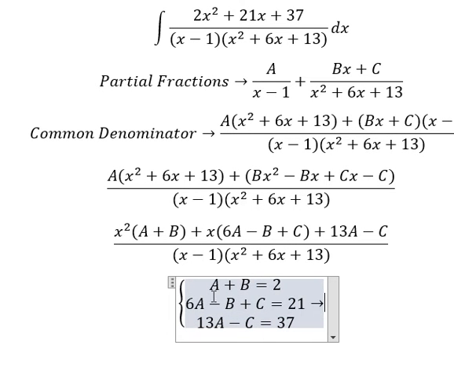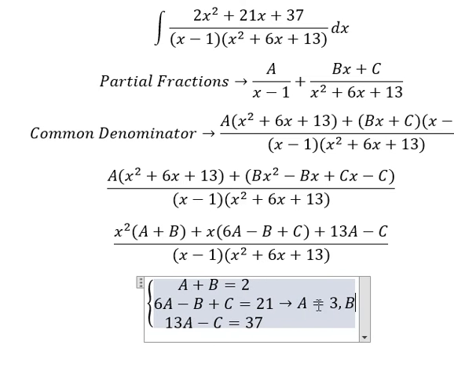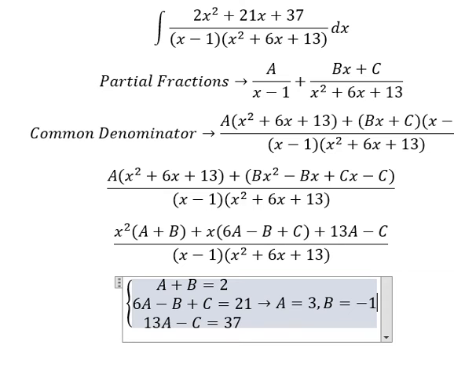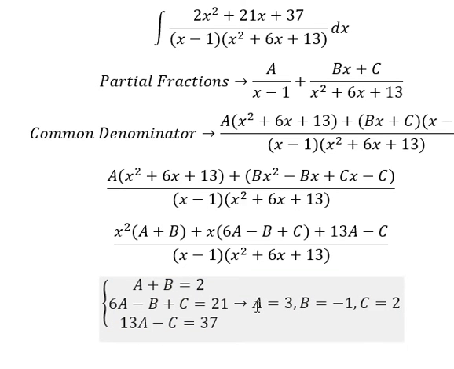Now, we need to find the solutions of A, B, C. So we have A equals 3, B equals negative 1, C equals 2. So we put A, B, C in here.